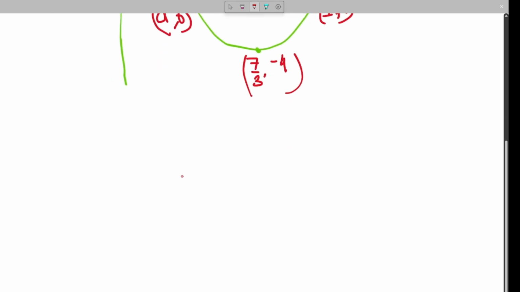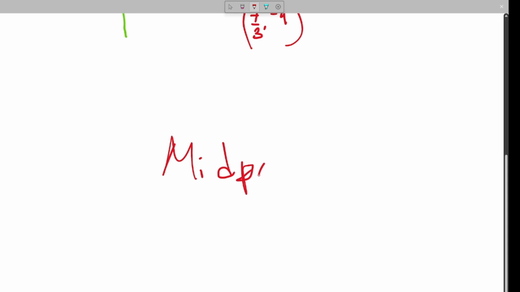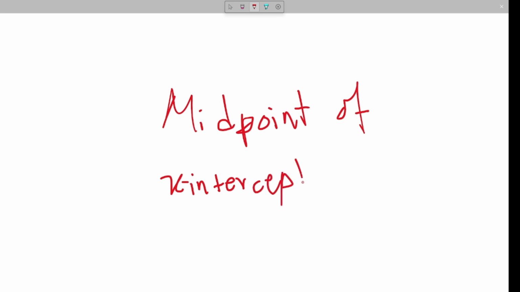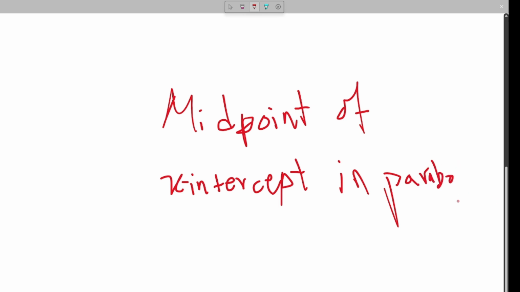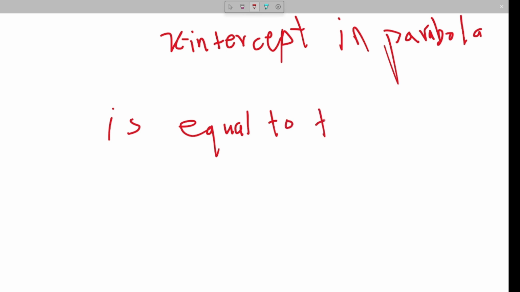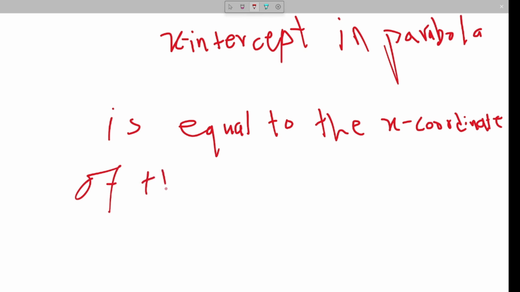So one thing that we need to know about a parabola is that the midpoint of the x-intercepts in a parabola, my bad, I missed an a, is equal to the x-coordinate of the vertex.